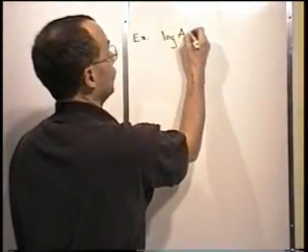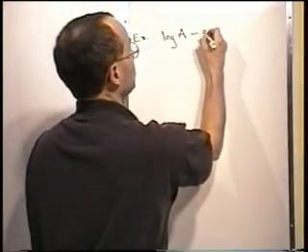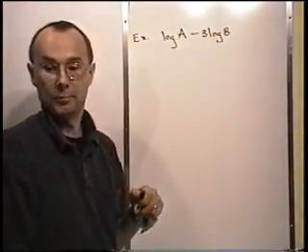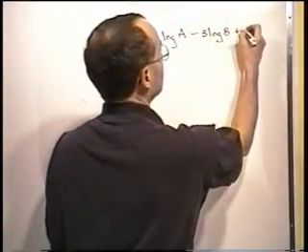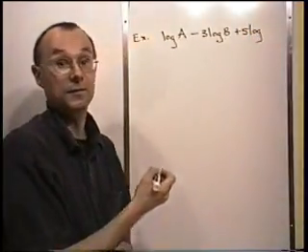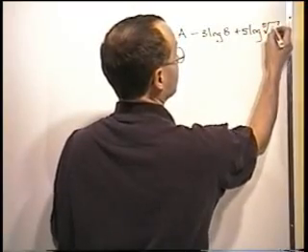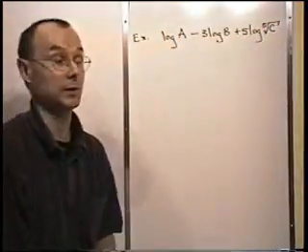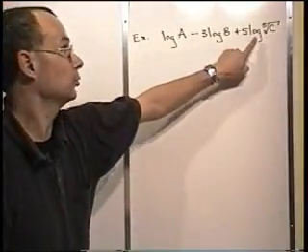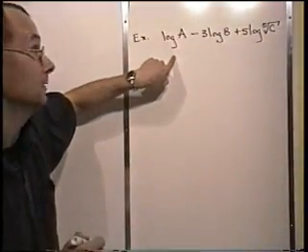So I'm going to take log A minus 3 log B plus 5 times log of the fifth root of C. So we got all kinds of messy stuff going on here. What we're going to try and do is combine these 3 logarithms, which are all common logarithms, so all base 10.